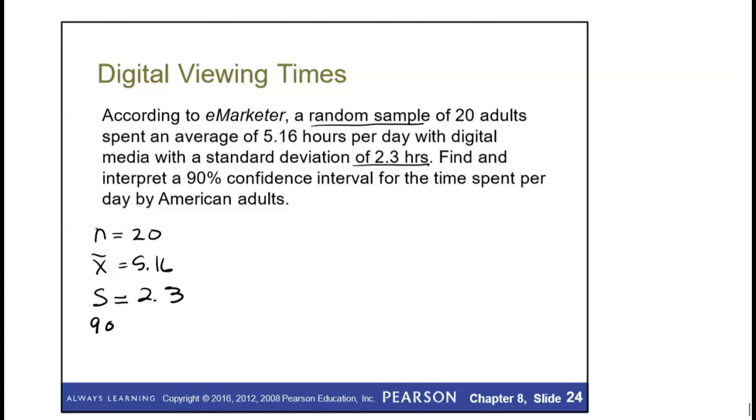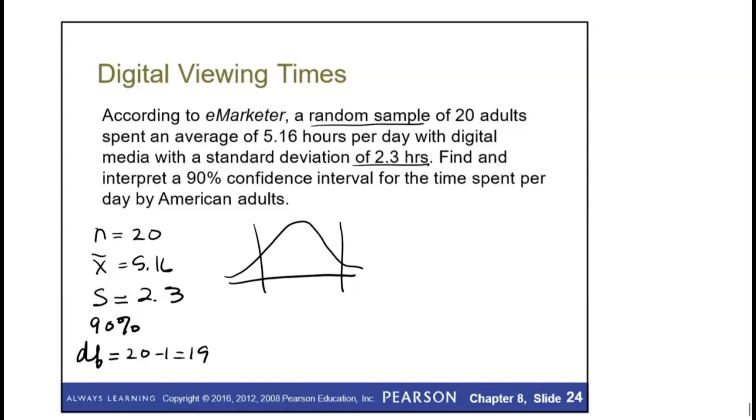We want a 90%. And the second you write down an S, that tells you that you also need degrees of freedom, which are N minus 1. So we're going to do 19 degrees of freedom. Now the first thing we need to look up is our T value. So let me draw a picture. Okay, so we have 0.90.